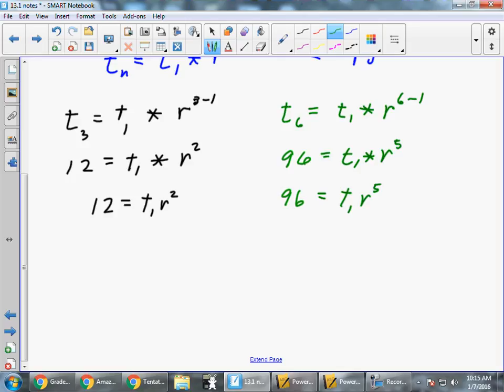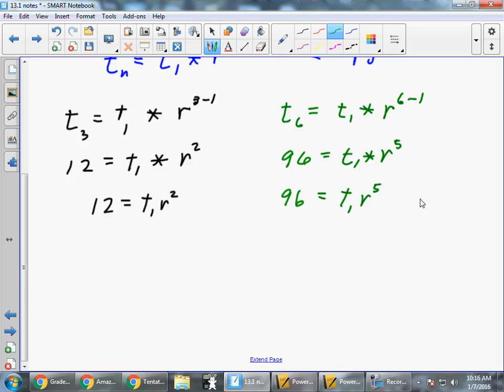Okay. Now, I see a T sub 1 in each one. So then what could I do? Because they always say, if you have two unknowns, in this case we have T sub 1 is unknown and r is unknown. If you have two unknowns, you're going to need two equations.